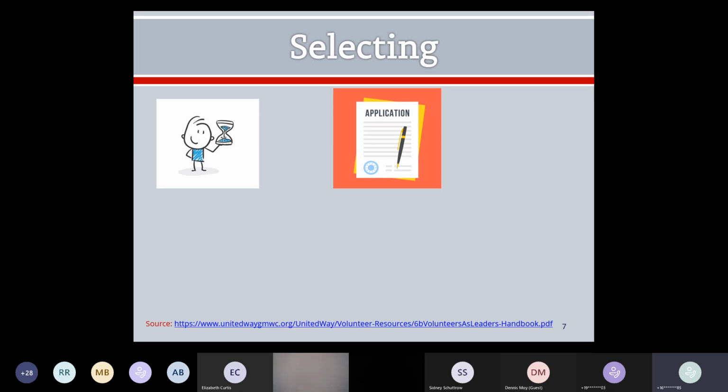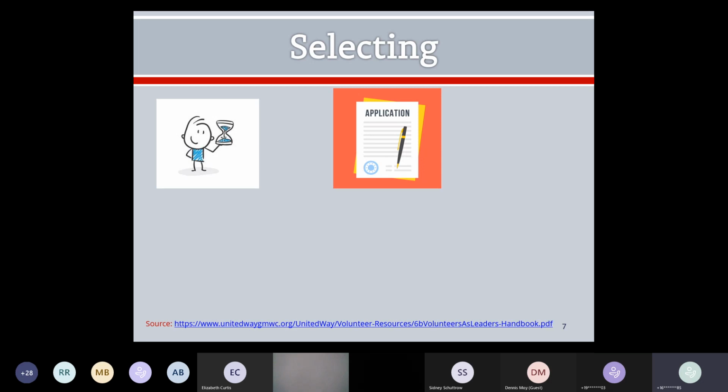These applications are going to be our 10,000-foot view of a volunteer to see if they're going to be a good leader. A majority of our applications have an interest or skills section where we list everything that we're looking for. And if a person checks a particular area that would be good for our leadership candidate, then we know to put that application in the potential leader pile, so to speak.